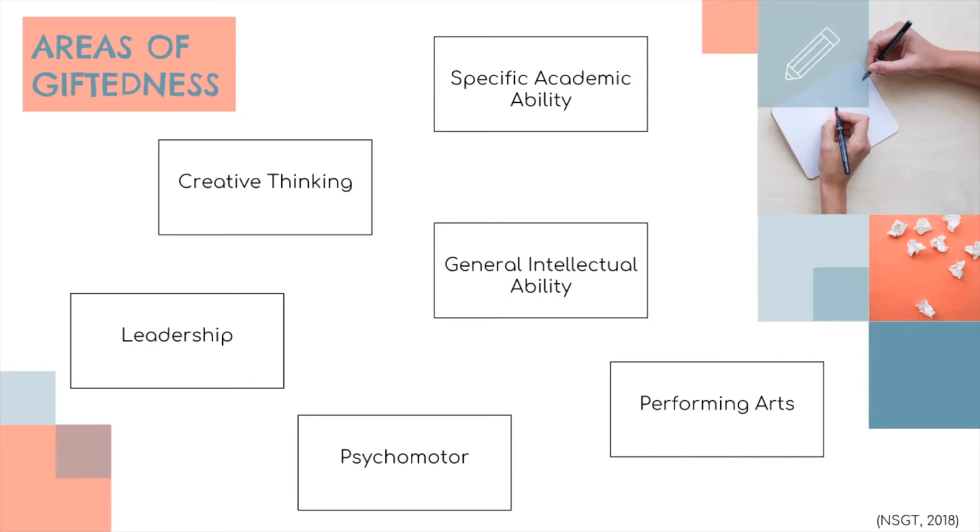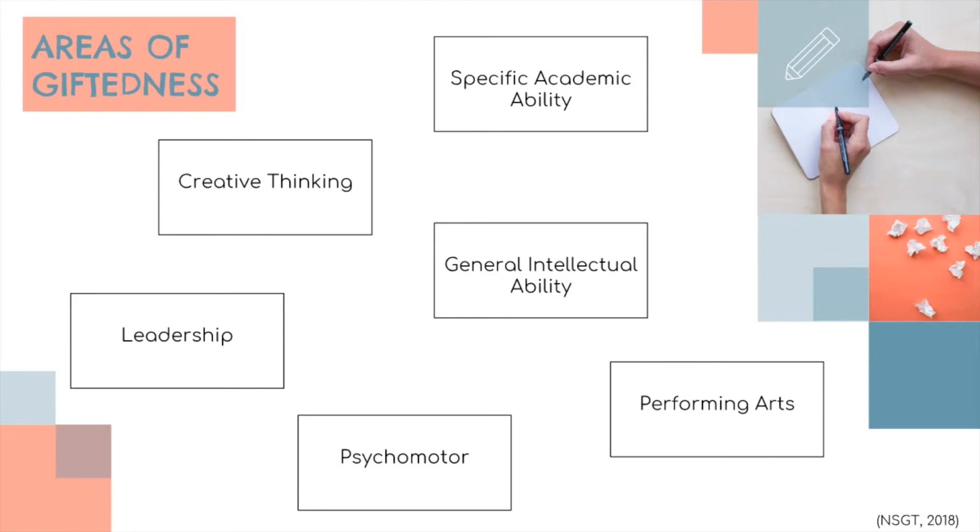There are 6 main areas of giftedness that we like to address, and those are A, creative thinking, B, specific academic ability, C, leadership, D, general intellectual ability, E, psychomotor, and F, performing arts.